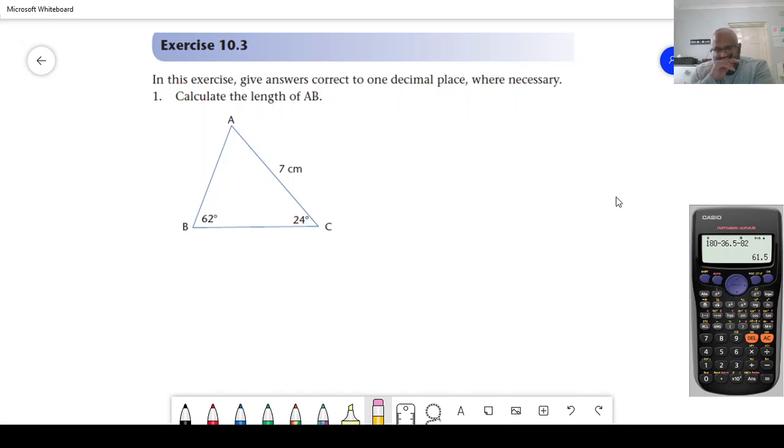Okay, so what can be calculated? As you can see, we have two lengths. We can calculate angle A at this point.